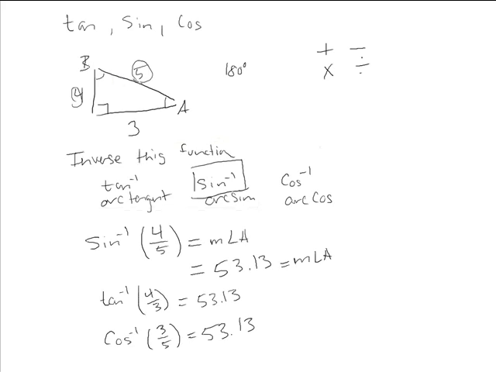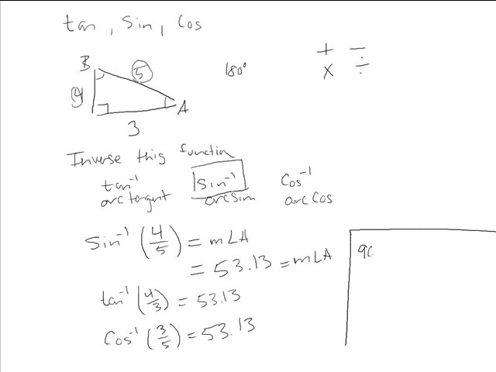At this point, I could do it 4 different ways. I could either use arc tangent, arc sine, or arc cosine to find that angle, or I could just use the fact that angle B plus angle A has to equal 90 degrees. If that's true, that means that I can find angle B by simply subtracting angle A from 90 degrees.